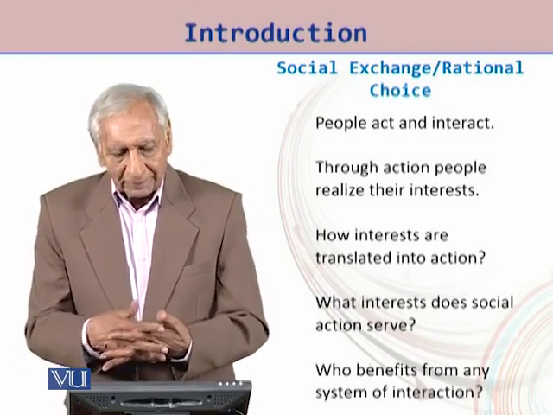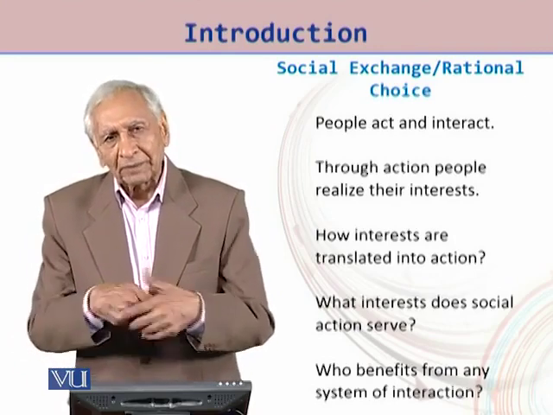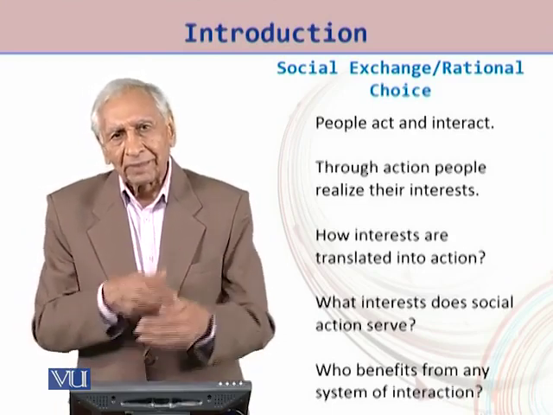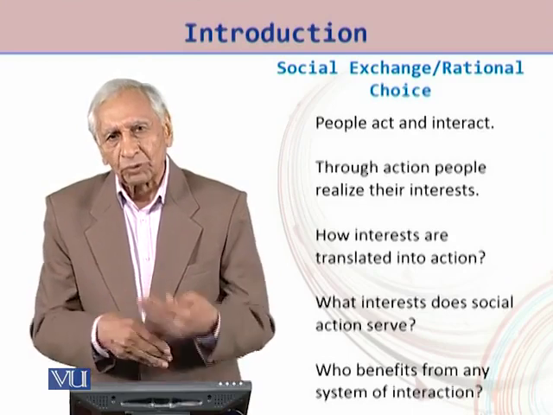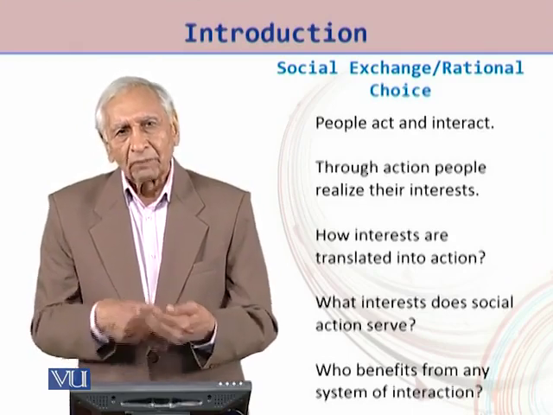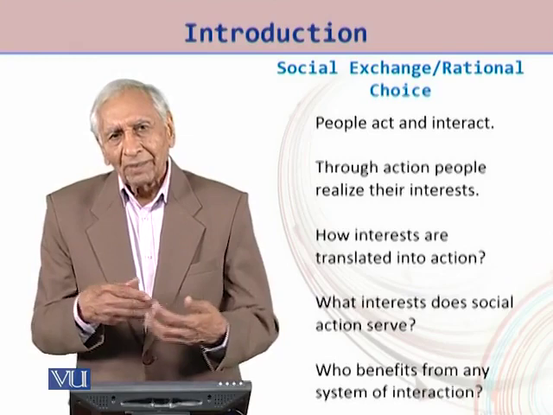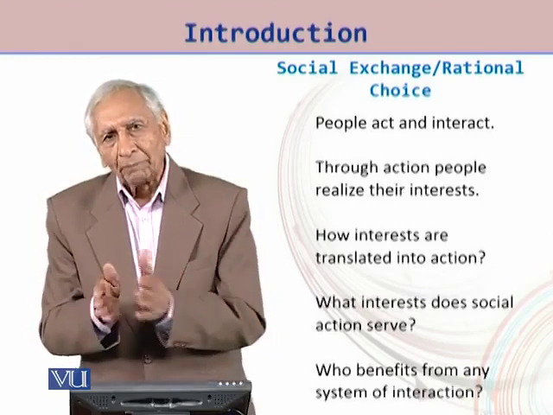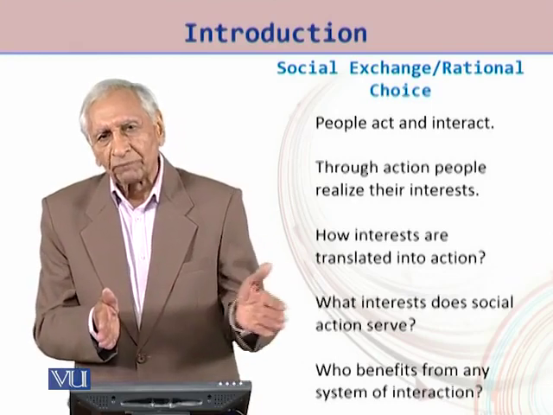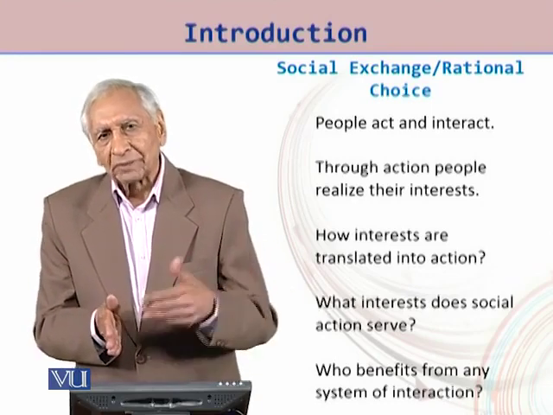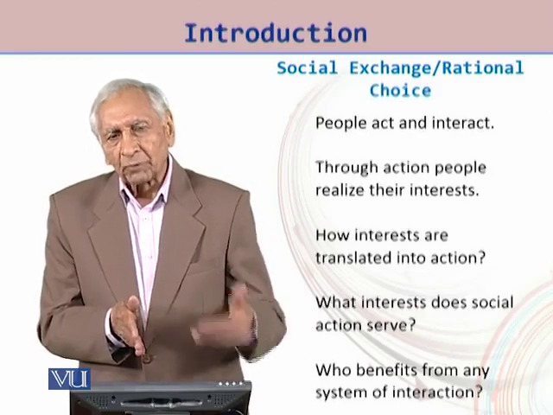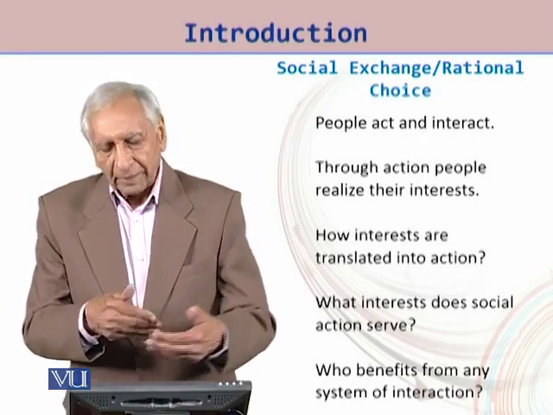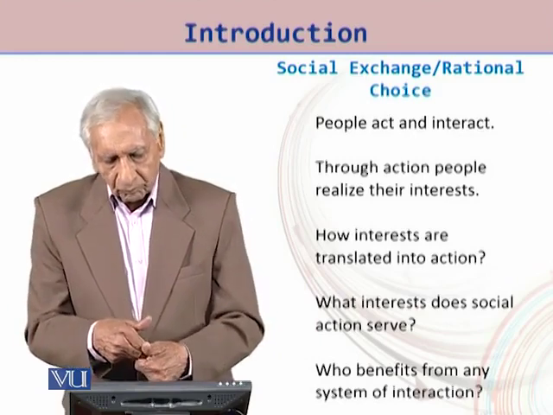So through action and interaction, people try to realize their interests, to achieve their interests. And we see that these actions and interactions are a means to the achievement of some goal, some interest. So without interest, maybe people don't have action and interaction.